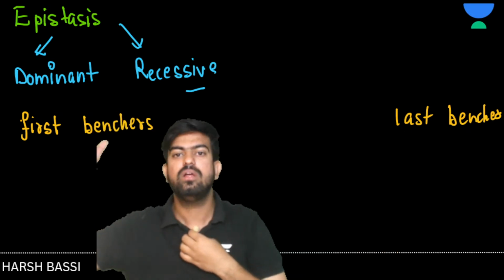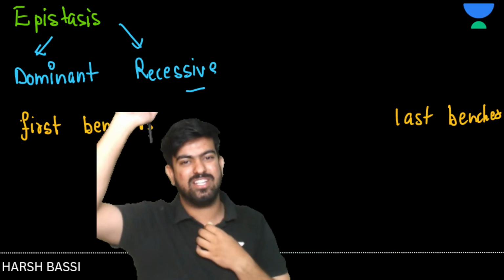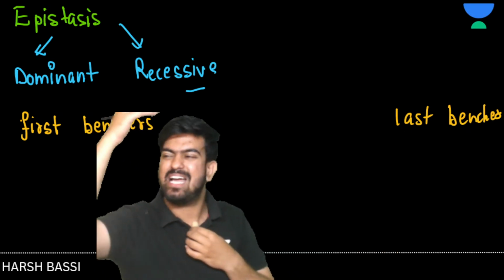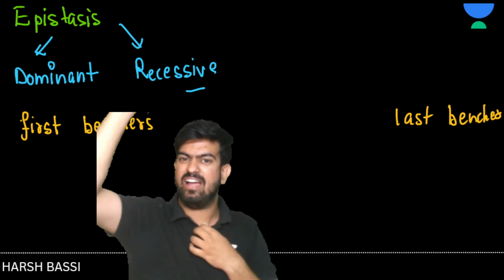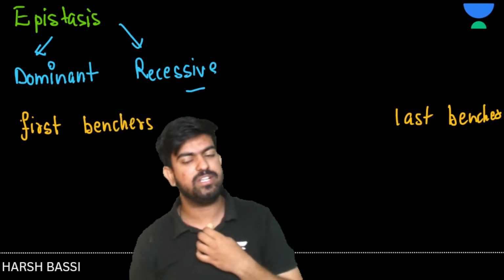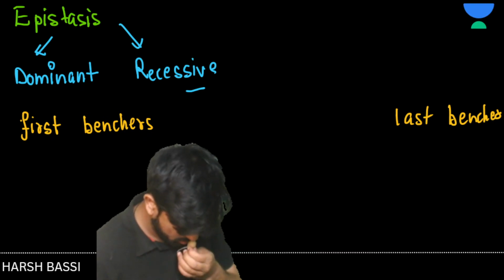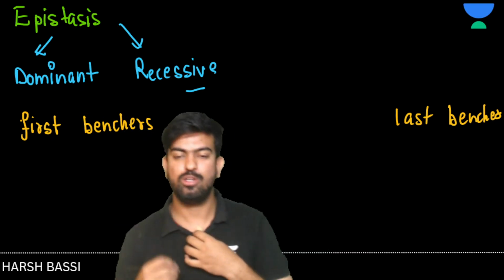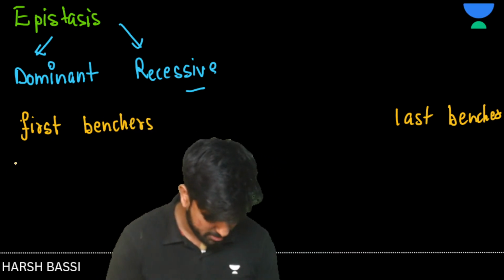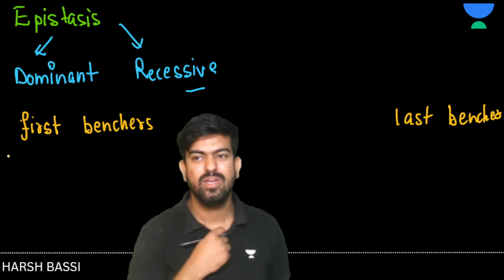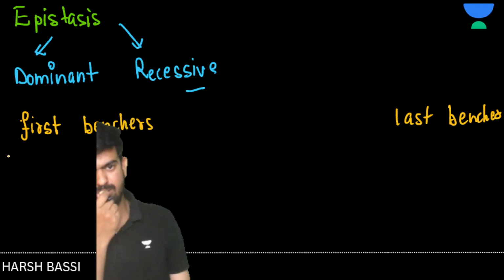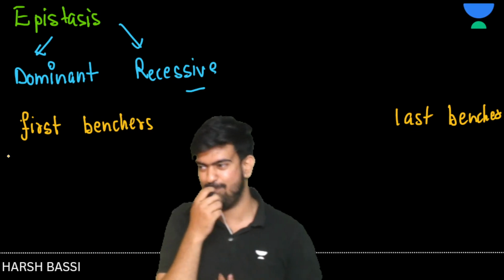The last bencher is like, whatever the teacher is teaching, I will eat my lunch, I will dance, I will cry, I will do everything in the class. And the first benchers are very studious. So now you have to decide which bencher you have to become, right? Personally, I was also a last bencher, but I became a teacher.